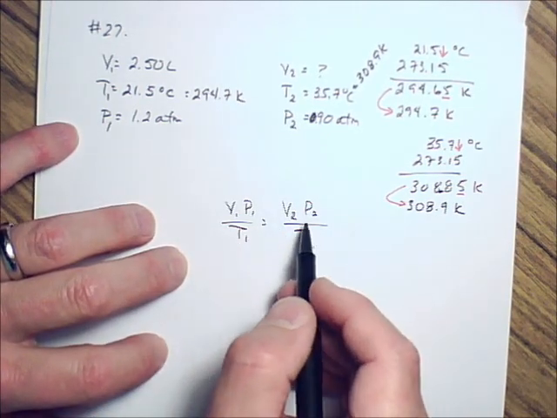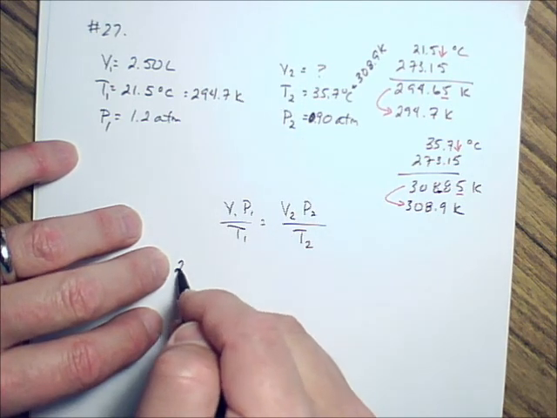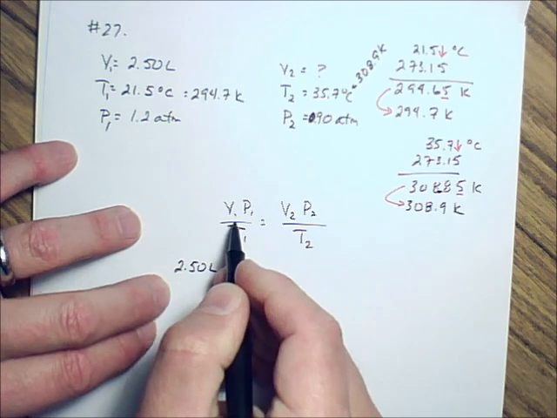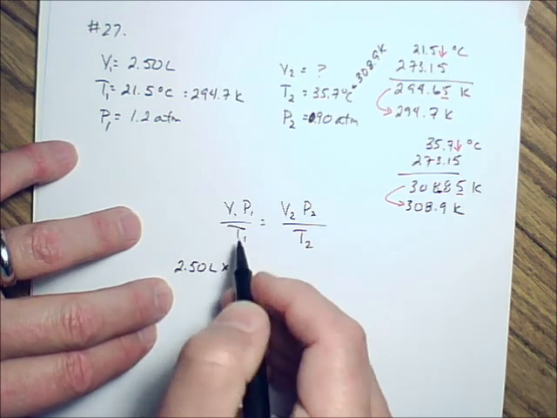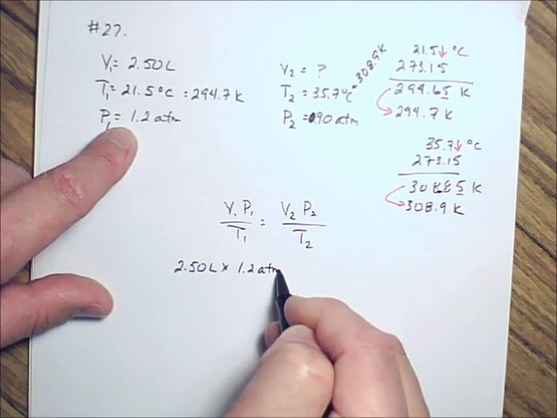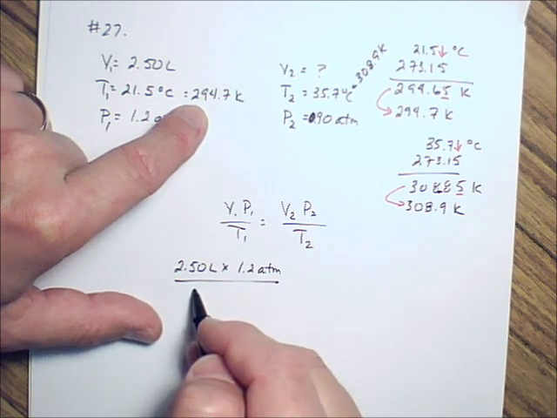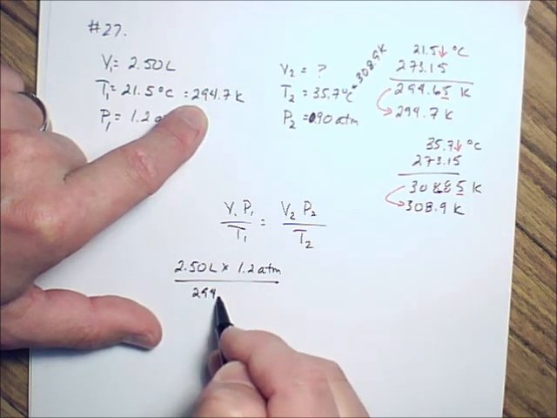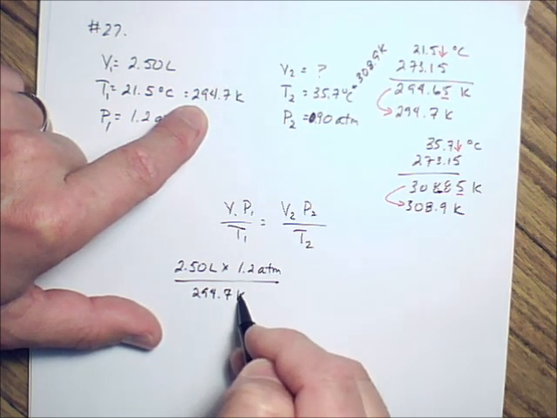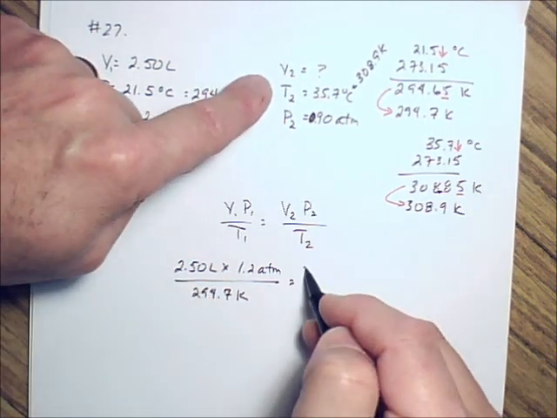Alright, so now we're ready to plug everything in. I'm going to be looking for V2 here. Let's plug in the numbers we have. 2.50 liters is our V1. Multiply that times P1, that's 1.2 atmospheres. And the temperature we're going to put on the bottom here is 294.7 K. Over on the other side, V2 we don't know, so we're going to leave that alone.